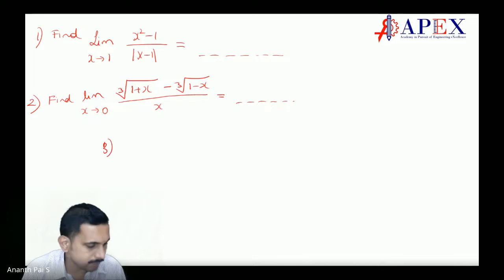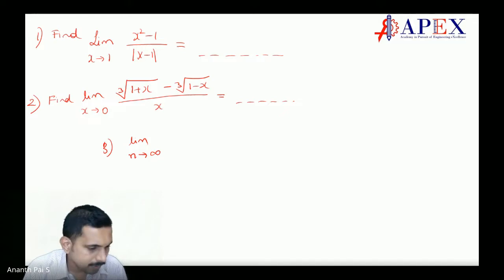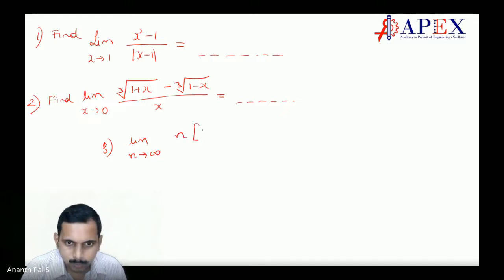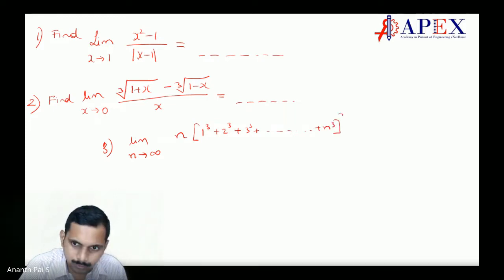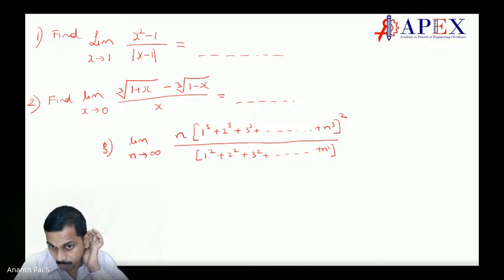Third one is this. Limit as n tends to infinity of n into (1 cube plus 2 cube plus 3 cube and so on up till n cube) the whole square, divided by (1 square plus 2 square plus 3 square and so on plus n square) the whole cube.